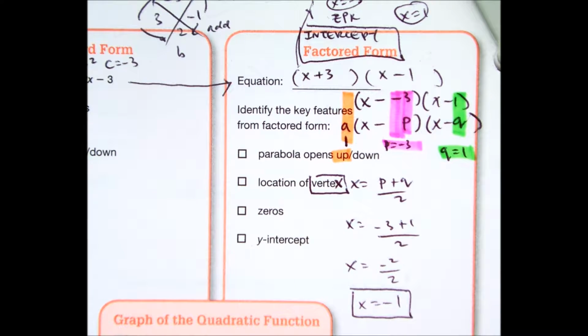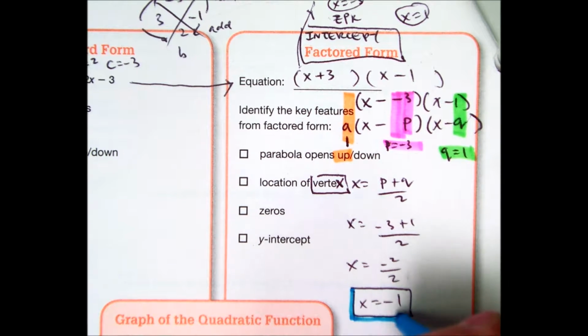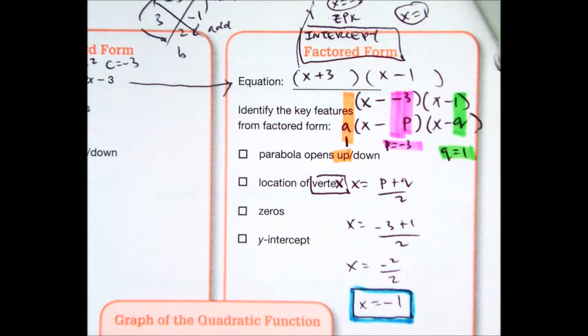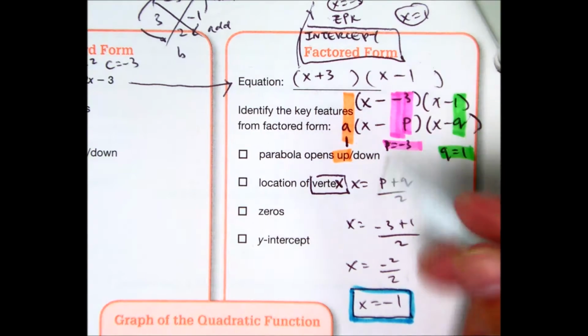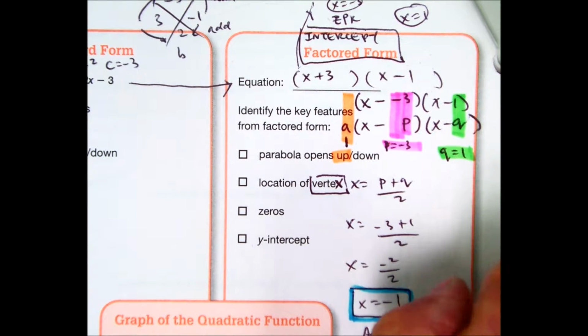All right, let's go ahead and graph this. Oh, we didn't find the vertex. Remember, a vertex is an ordered pair, so we found the axis of symmetry, sorry.